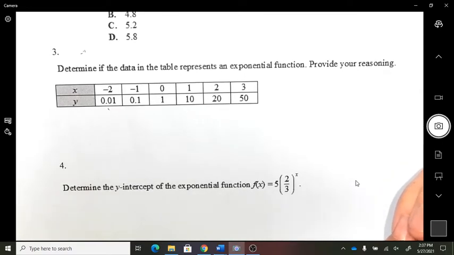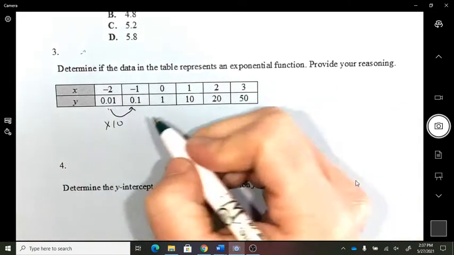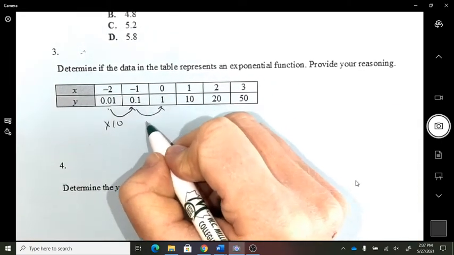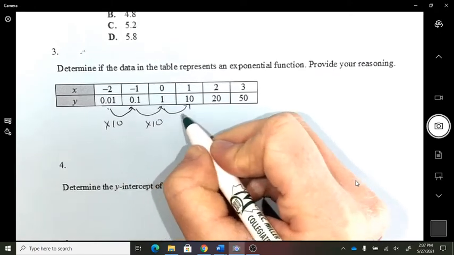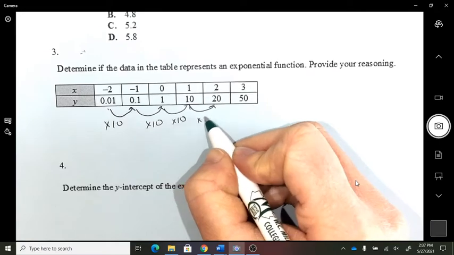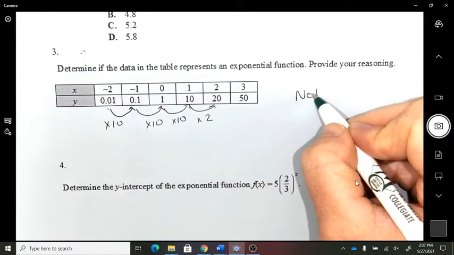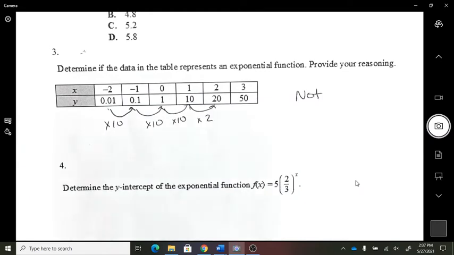And then what should it be the next day? 16. So what's going on here? What did you do here to here? You times it by 10. Then you times it by 10. Times by 10. Then what? Times by 2. So it's not consistently having the same multiplier.